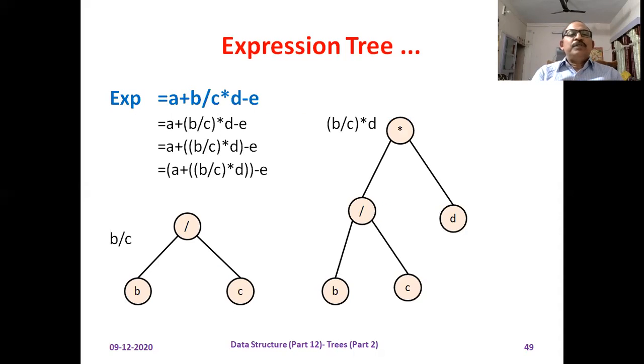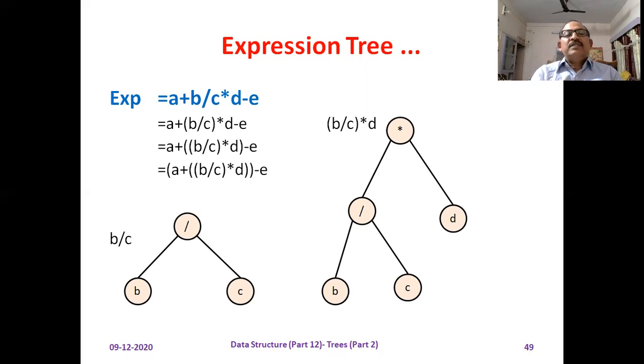Let us take the next expression: a plus b divided by c into d minus e. Break this into elementary expressions, keeping the operator precedence rules and with the help of the left and right parentheses. So in one step we keep b divided by c in one bracket.